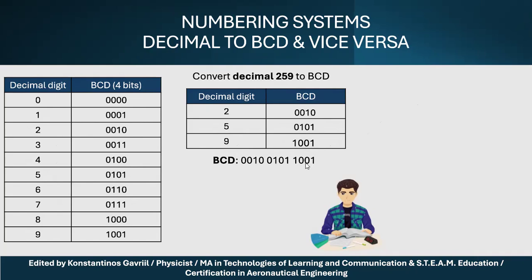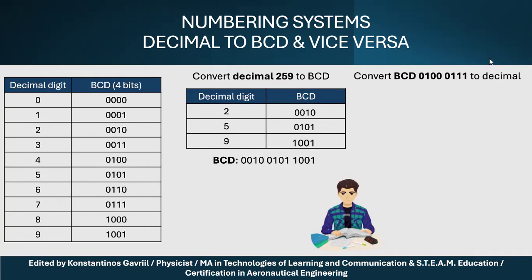If we convert this binary number, don't see that as one number, it is in 3 groups of 4 bits. If we convert this to a decimal number, we are not going to get 259. Okay, be careful. The BCD is not the conversion from decimal numbers to binary. The BCD means that I convert every digit in binary.